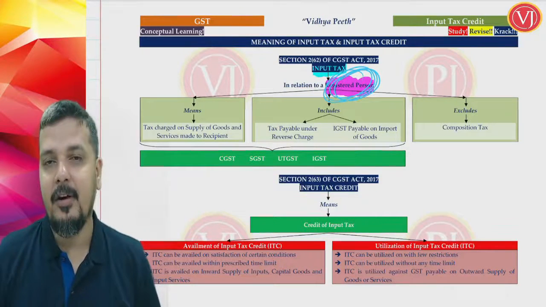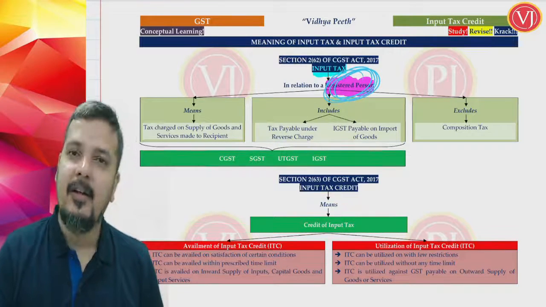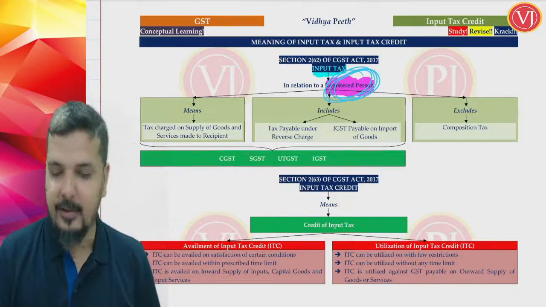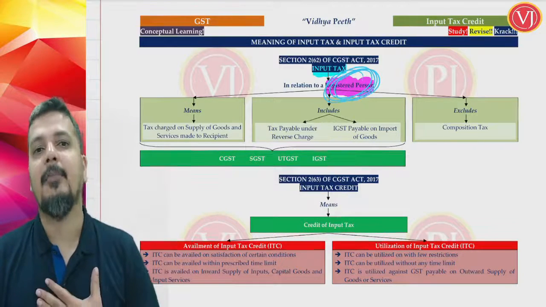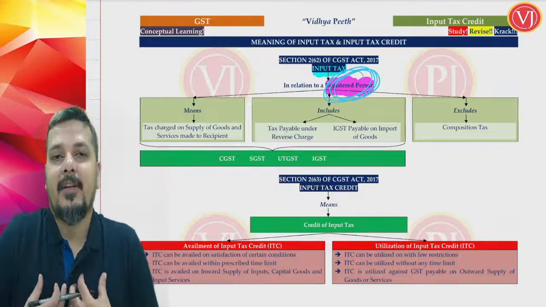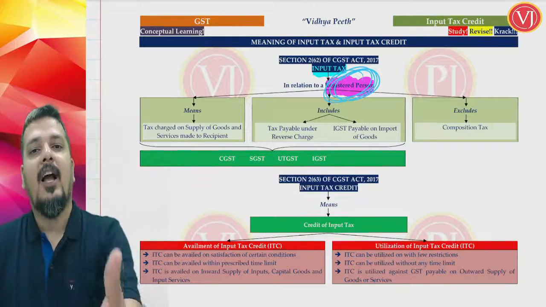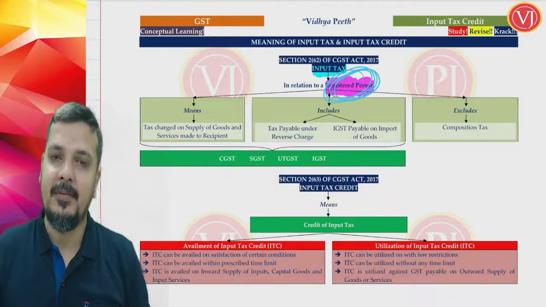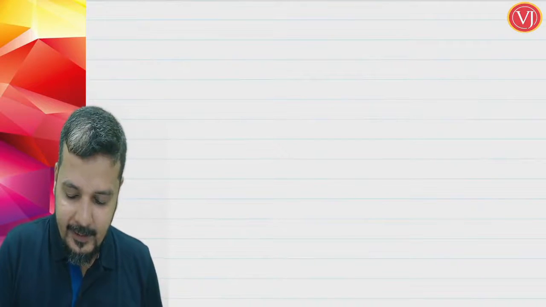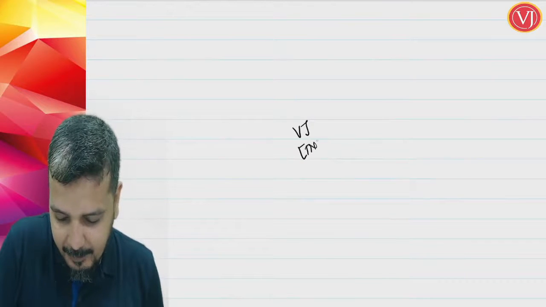Now understand, when you're talking about your input tax, it is CGST, SGST, UTGST, IGST. Now, for this example, I'll be the recipient. Say for example, I'm in Tamil Nadu. I'm taking the goods from a supplier in Tamil Nadu. That supplier will charge me CGST, SGST. So basically, let us assume that I'm there in Tamil Nadu.